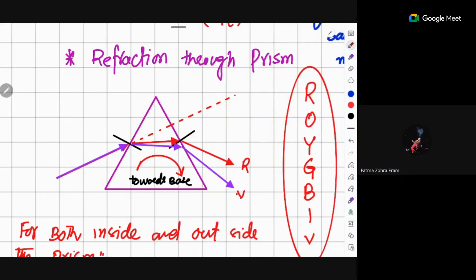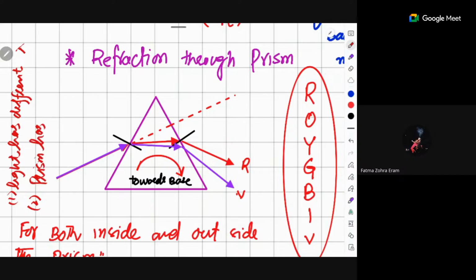And the second, the prism has a different refractive index, n, at different portions.